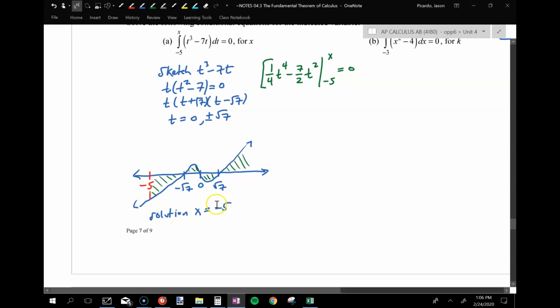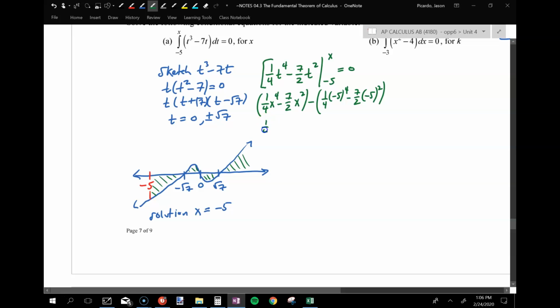So solution, x equals -5. I got that. I'm going to go ahead and plug in my x. I'm going to plug in my -5, take my difference. All right, going to get that.